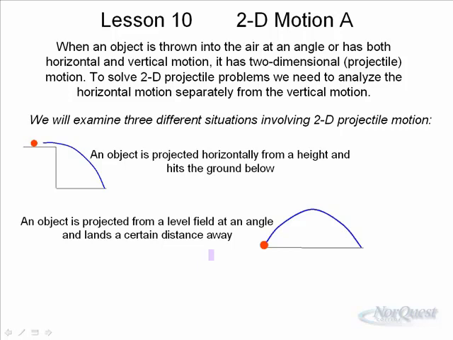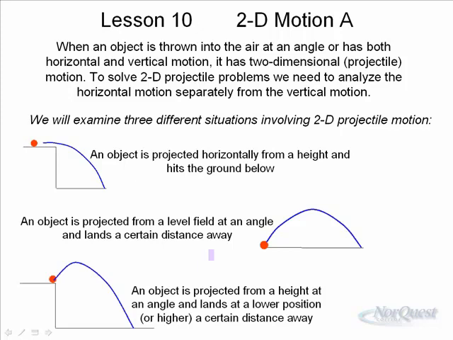any kind of object that is projected from a level field at an angle and lands a certain distance away. Horizontally, it has a certain type of motion. Vertically, it's affected by gravity. And finally, a tough type of question would be an object projected from a height at an angle, lands in a lower position, or perhaps even in a higher position if you were shooting from down at the ocean.